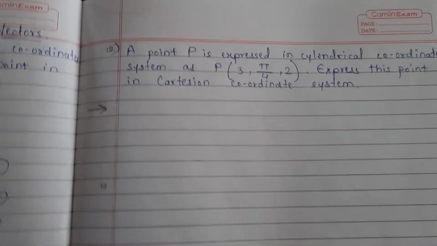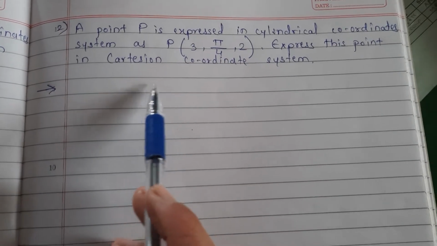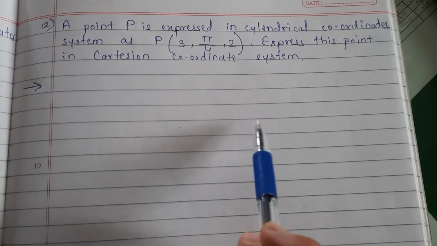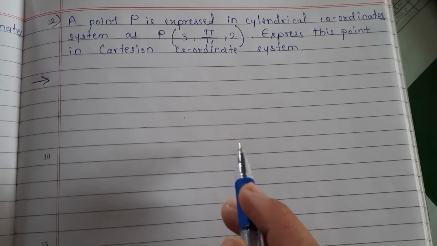Now the next problem: a point P is expressed in the cylindrical coordinate system as P having values 3, pi by 4 and 2. Express this point in the Cartesian coordinate system.